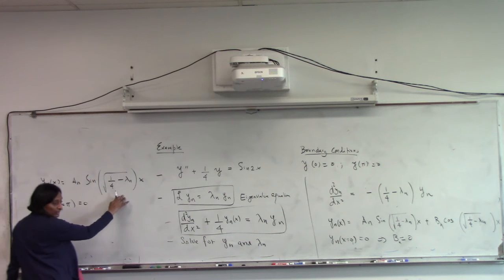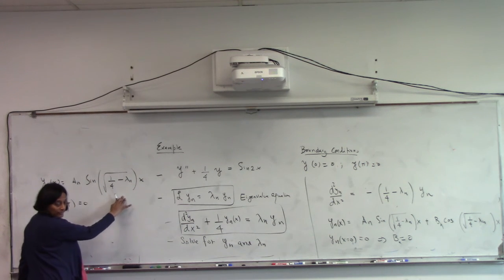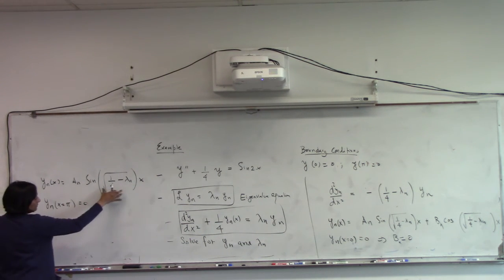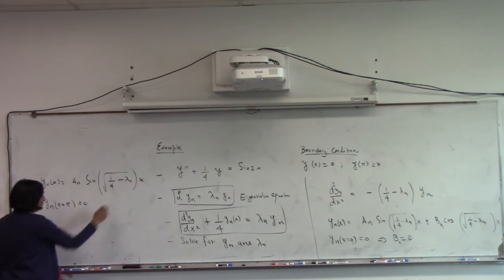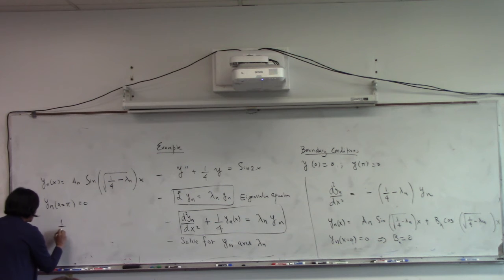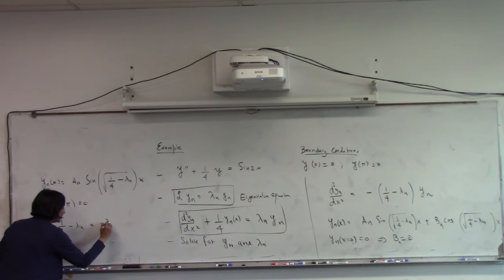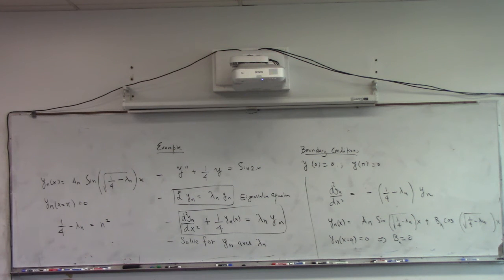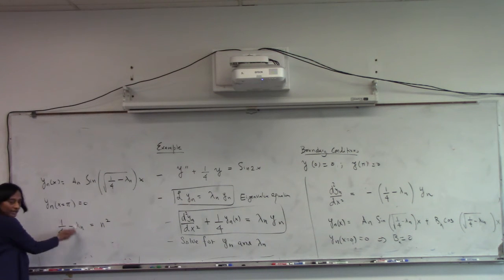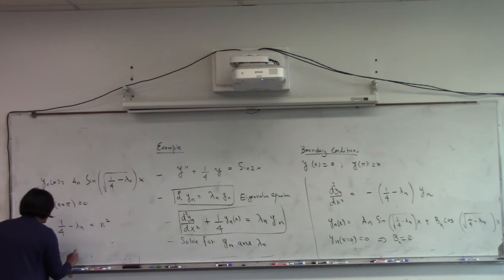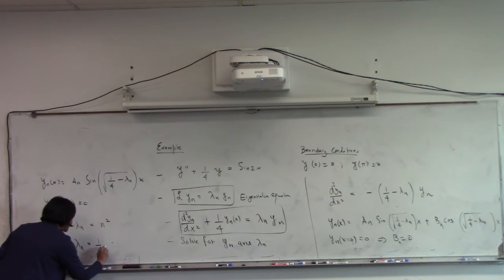Because sine of this times pi is 0, this must be an integer, so that 1/4 minus lambda n should be n squared. So we know now the eigenvalue: lambda n is nothing but 1/4 minus n squared.